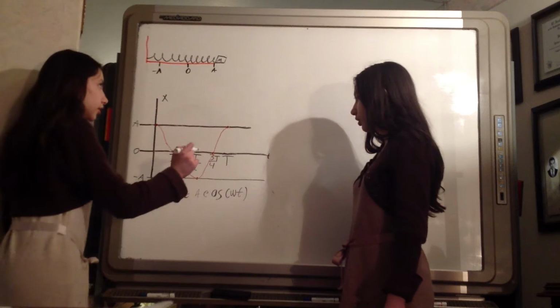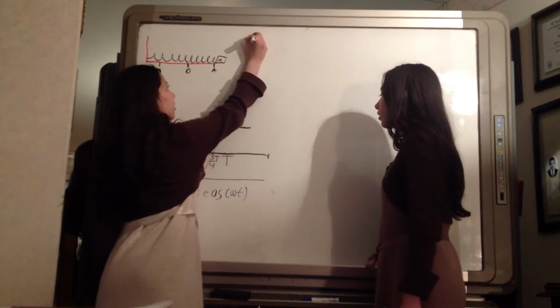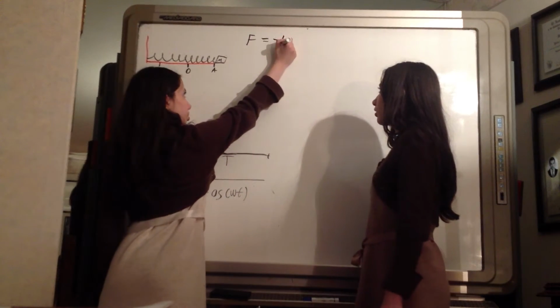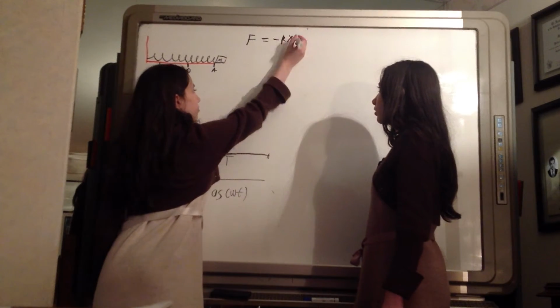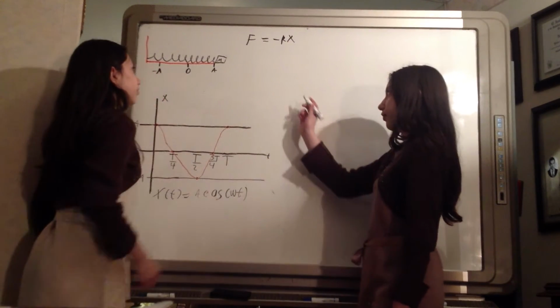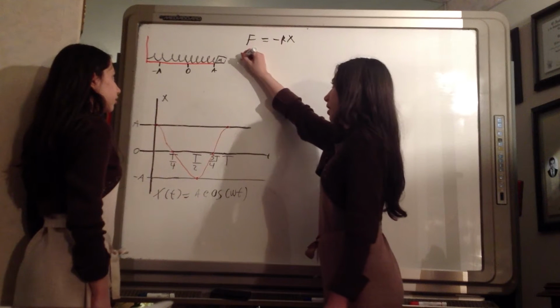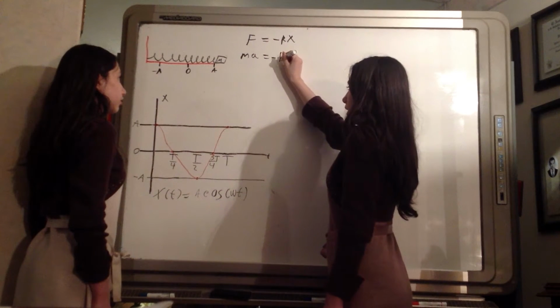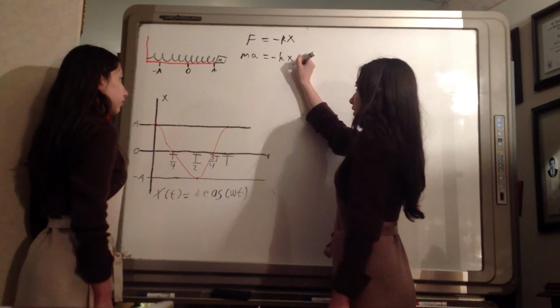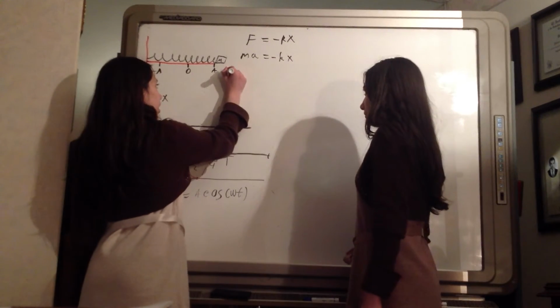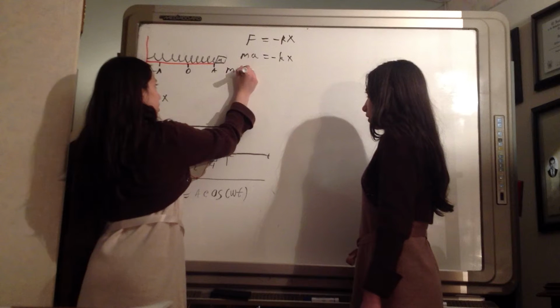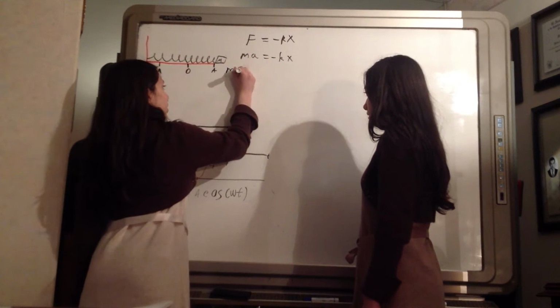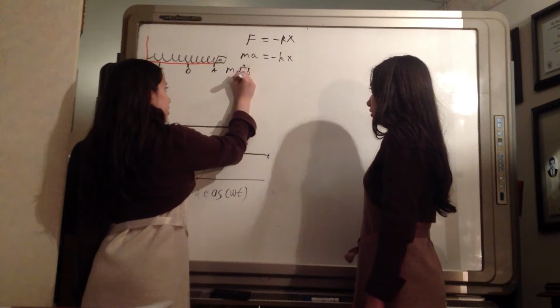times t. And we know that the force is equal to minus the constant of the spring times the displacement. And the force is equal to the mass times the acceleration, equal to minus the constant of the spring times the displacement. And the acceleration also is equal to the second derivative of the position.